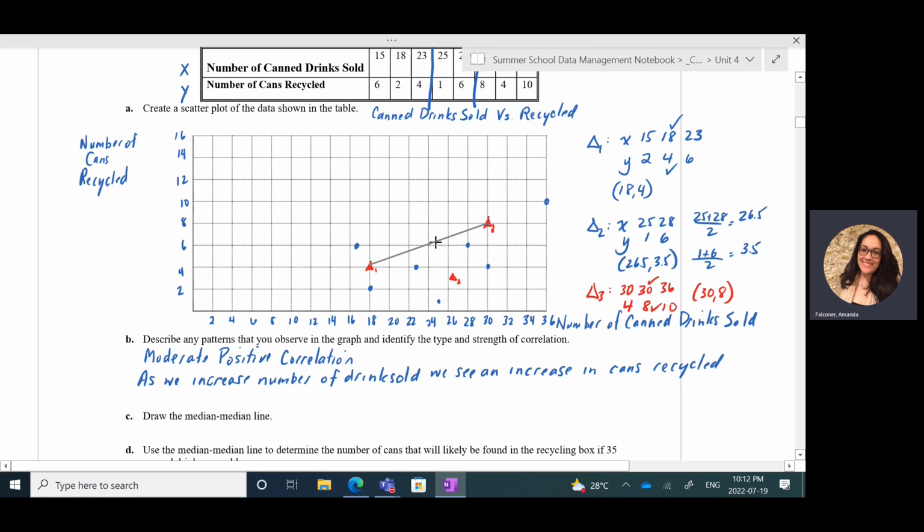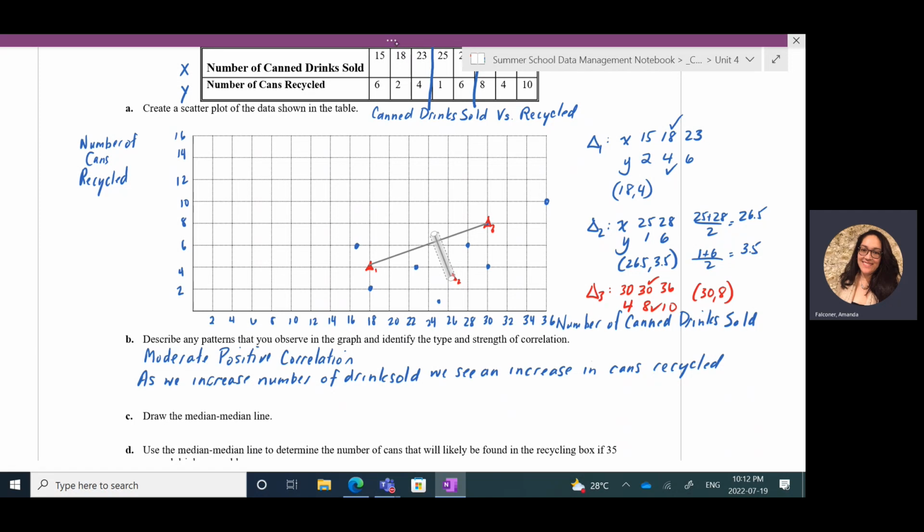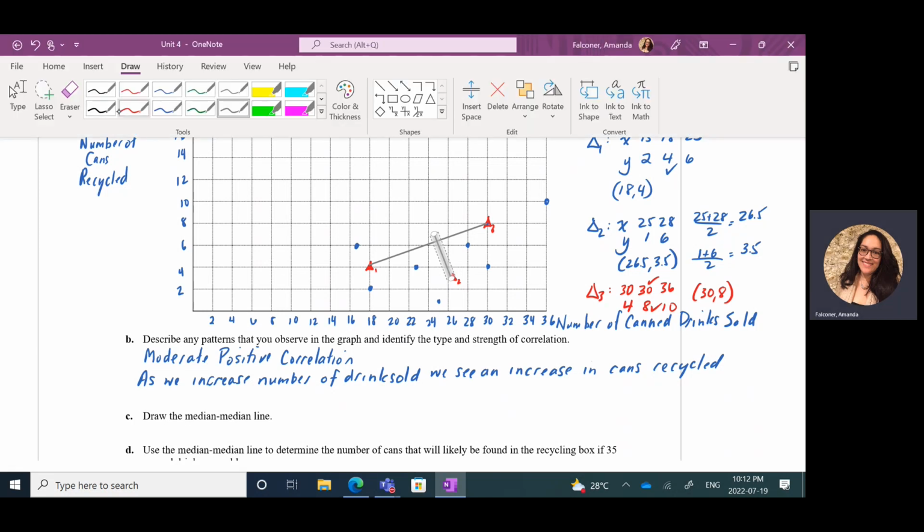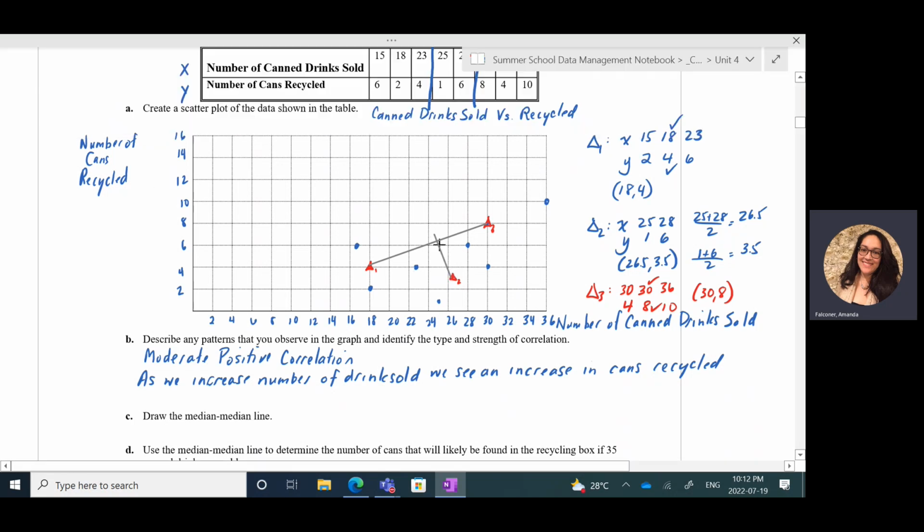So we're going to have to go with that sliding thing. If delta 2 was lying on this line, then I could just extend it and say that's the median line, but it's not. So I'm going to have to think of 1/3 of the way towards delta 2 without changing the slope. So I'm just going to give myself a little guideline here. You don't have to do a perpendicular like I'm doing here, but I find that it helps people understand what it means to slide the ruler down 1/3 of the way.